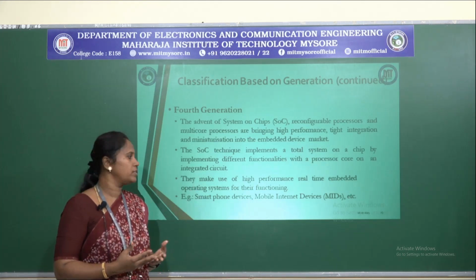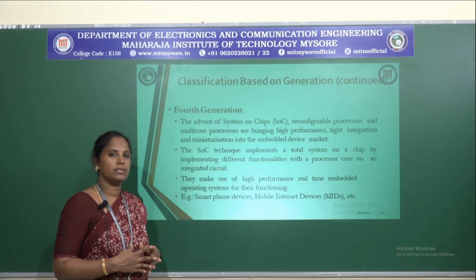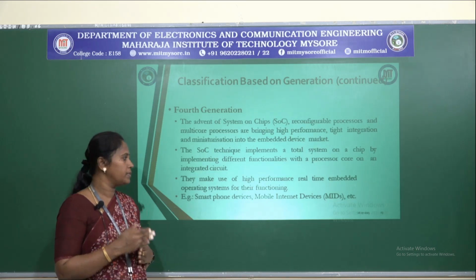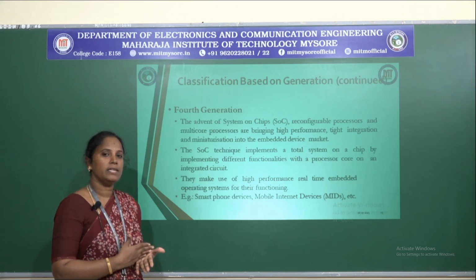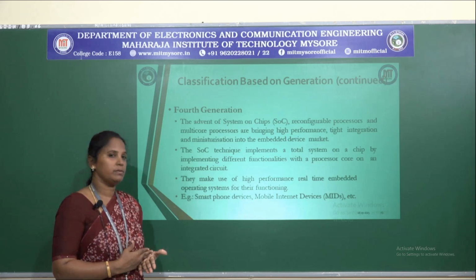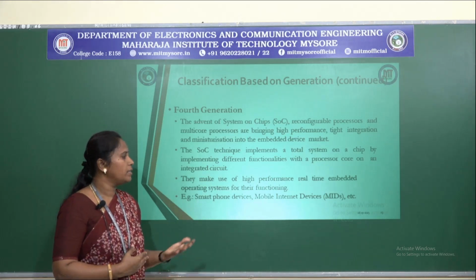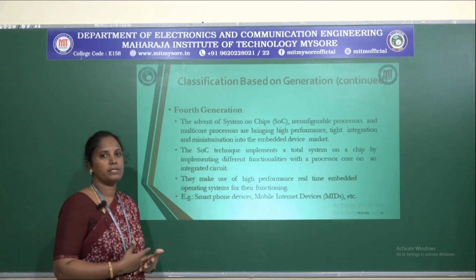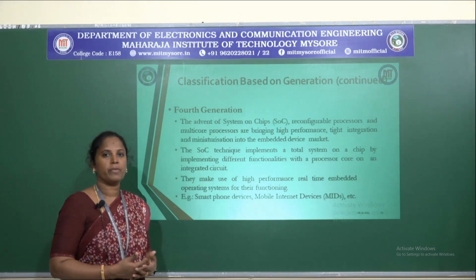In the third generation we had a general purpose operating system, but in the fourth generation we have an embedded operating system which is used for a single dedicated application which can perform its operation in real time at a very fast rate. For example, what we are using at present, like smartphones and MIDs. These are the implementations or application areas where the fourth generation was used.